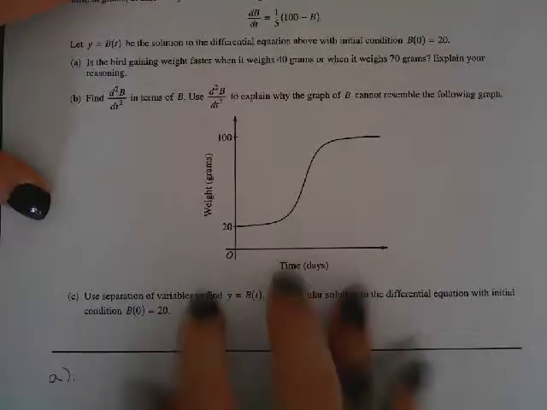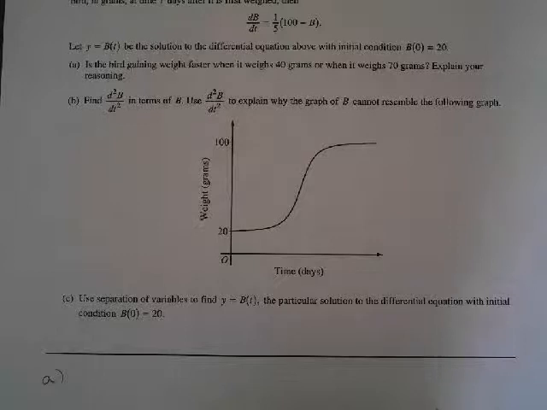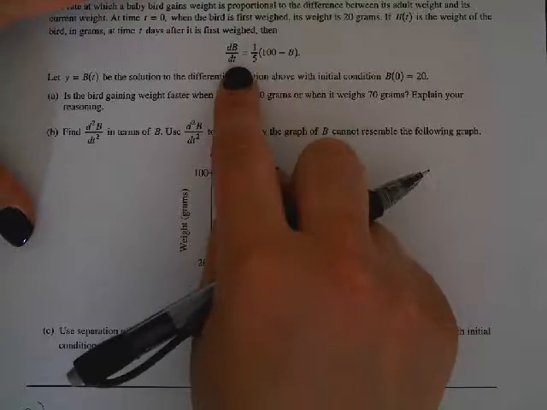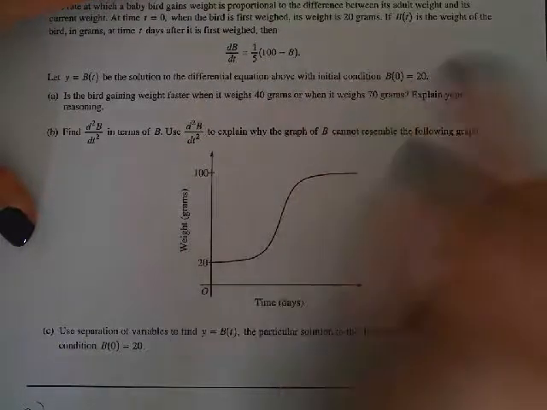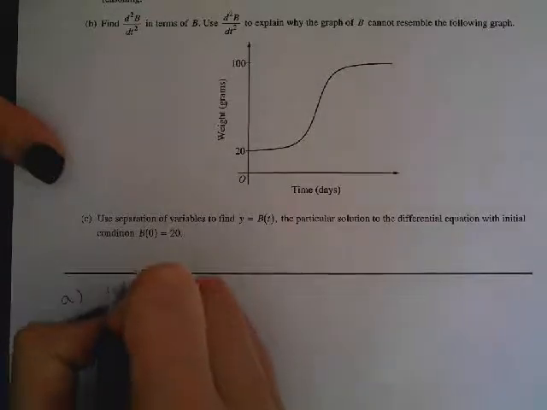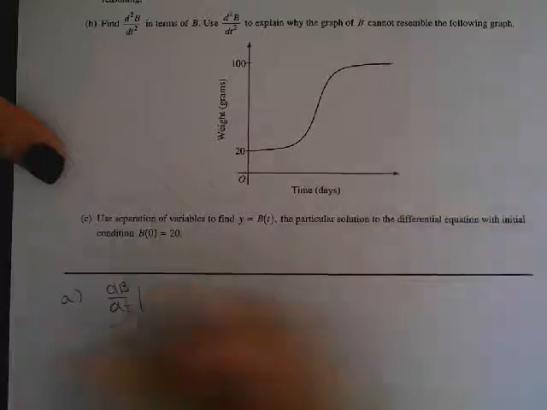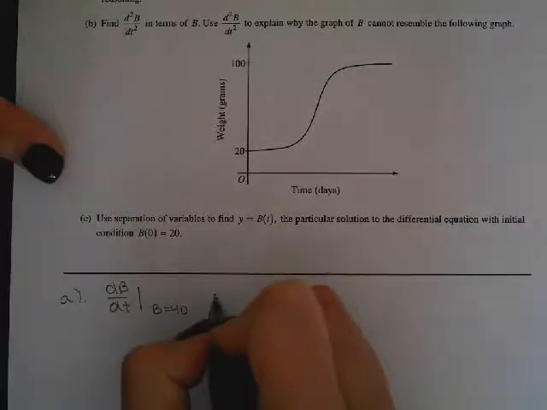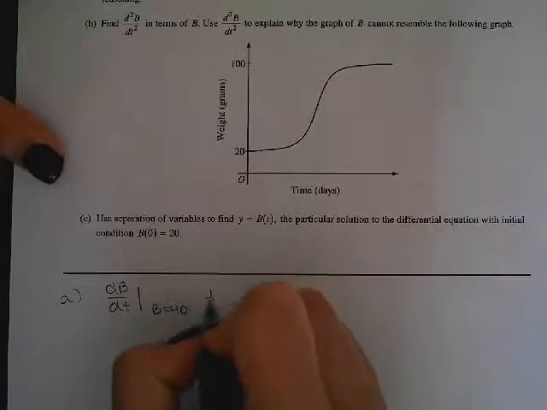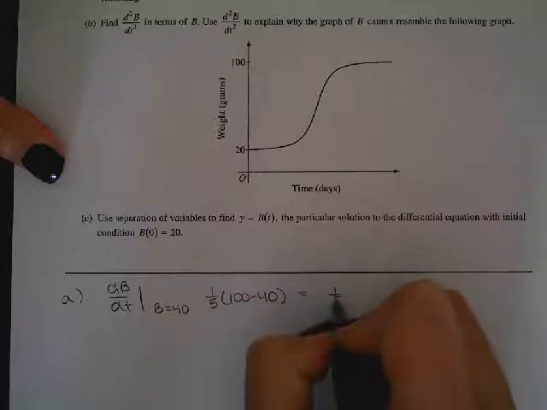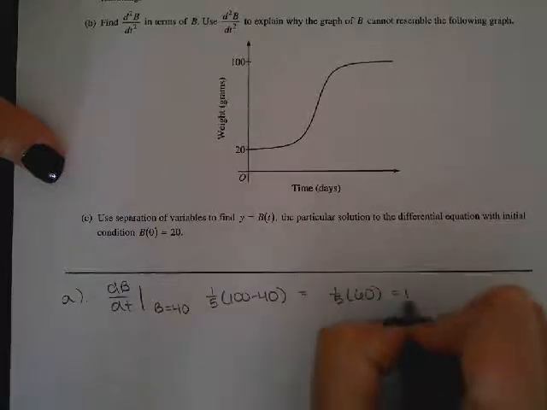All right, so to see if the bird is gaining weight faster when it weighs 40 grams or when it weighs 70 grams, we need to take the rate of change of the bird's weight and then plug in those different weights. So dB/dt at a weight of 40 grams is going to be 1/5 times 100 minus 40, which is 1/5 of 60, which is 12.